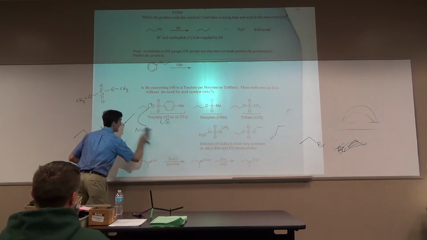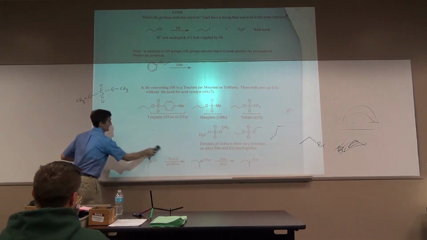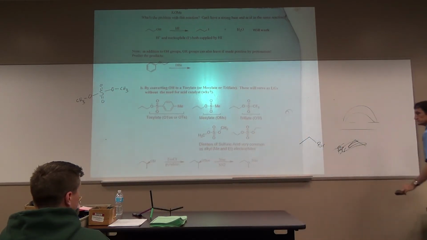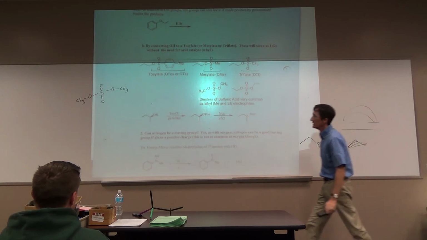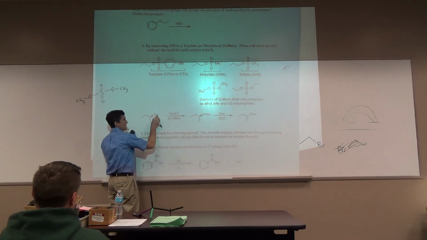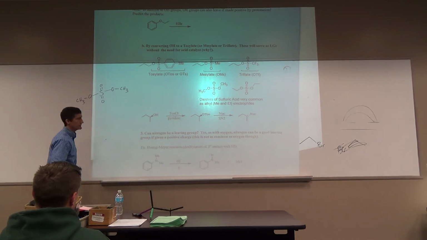That's tosylate. How do you make tosylates? Tosylates are made, purified, characterized. Tosylates are made by reacting the alcohol with tosyl chloride and a base, a pyridine.